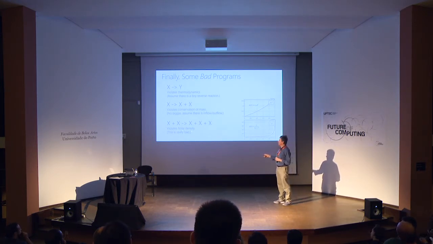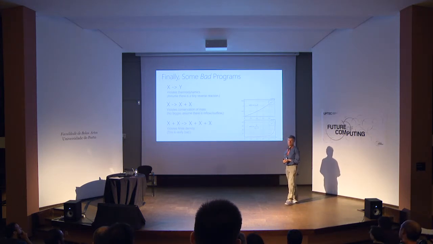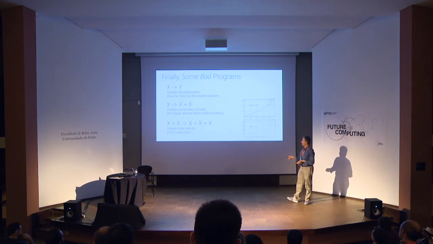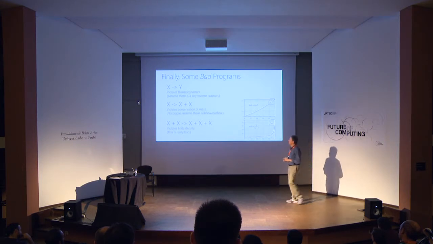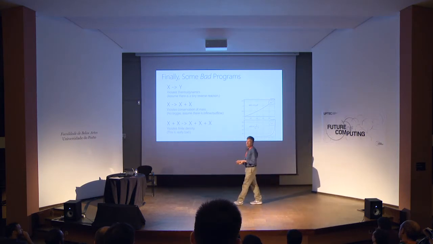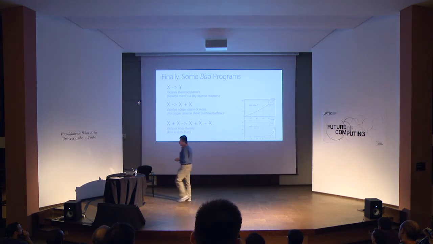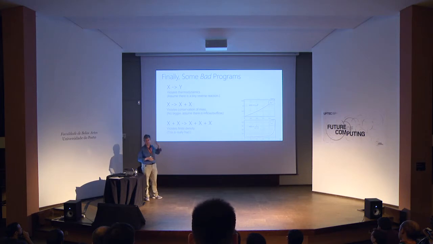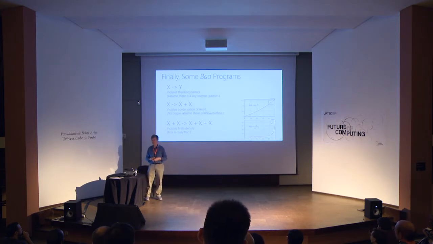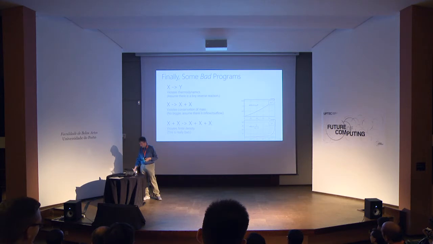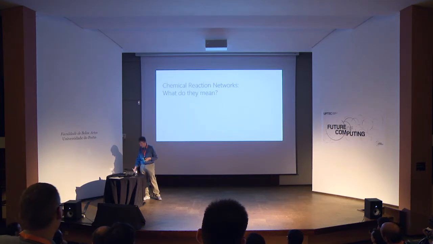It violates finite density, in the sense that the density of your chemical will become infinite, which in this mathematical continuous model is not in principle impossible, but in the discrete model you can never achieve infinite density because you have finite size molecules, so you cannot pack them too tightly. Unfortunately, you cannot rule out these bad programs because I'm pretty sure it's undecidable to detect these kinds of situations. So you have to basically accept them in some form and analyze them later.